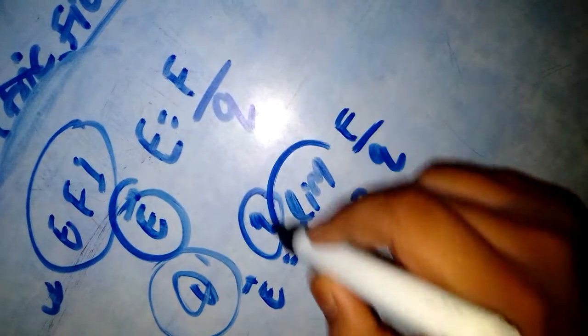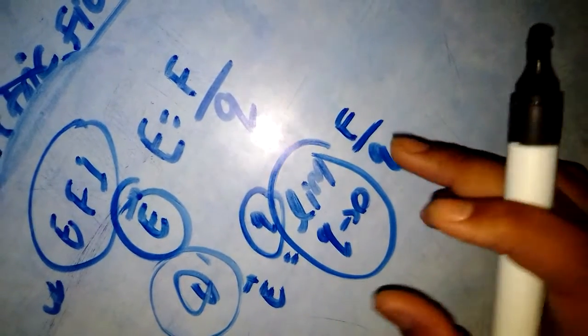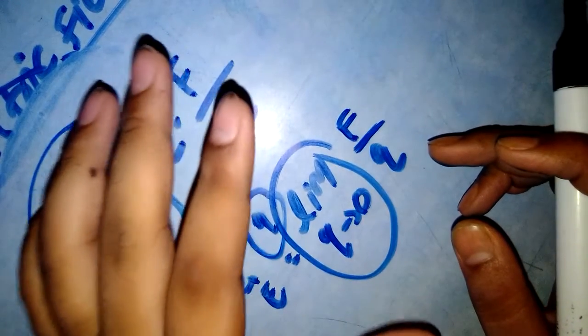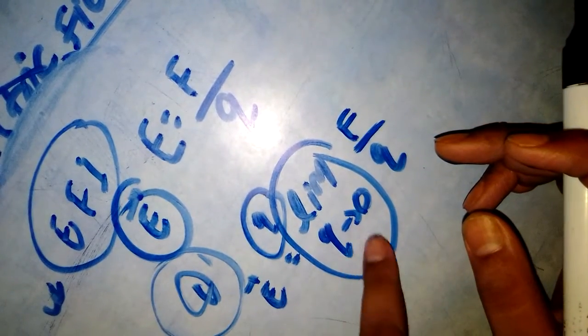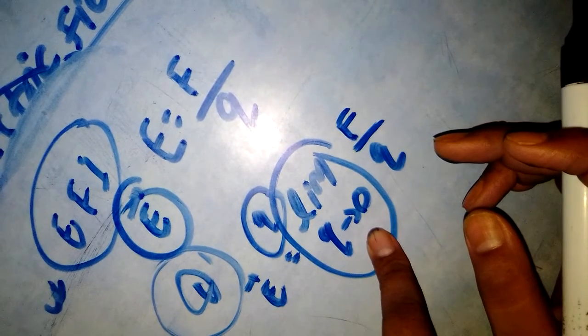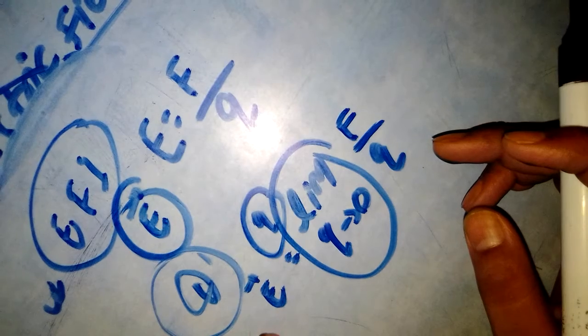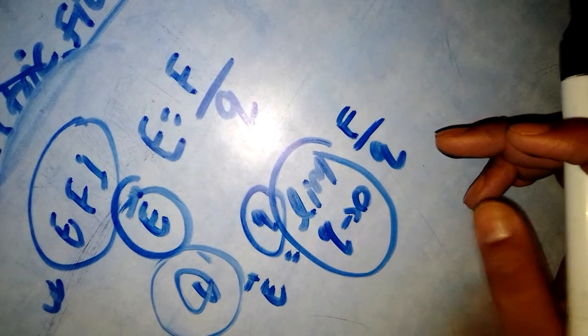Why have I written this? Because we have to keep the test charge as small as possible, q tending to 0, such that the position of the source charge is not disturbed by the test charge.